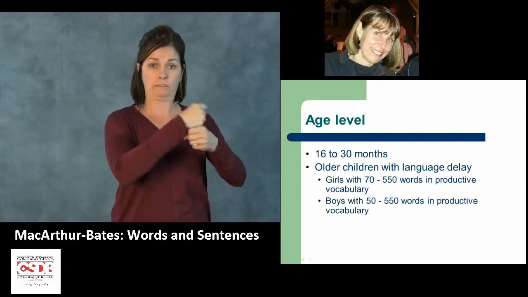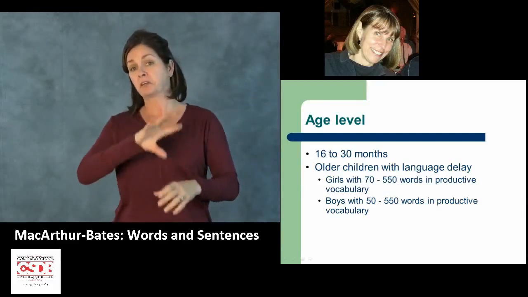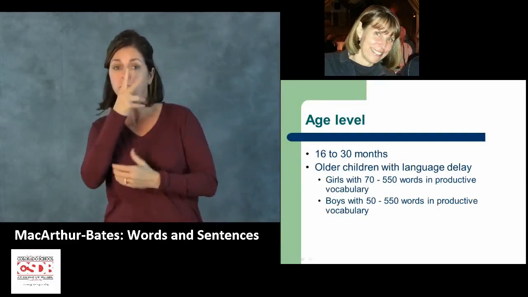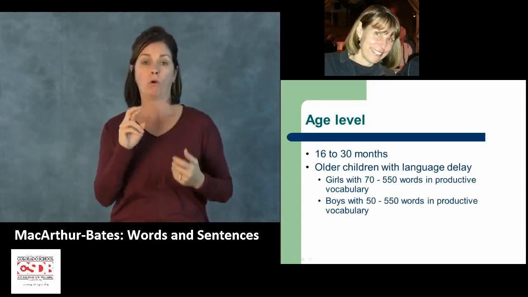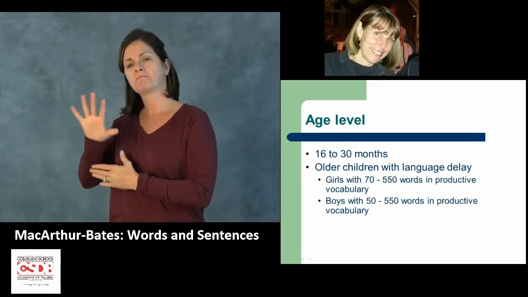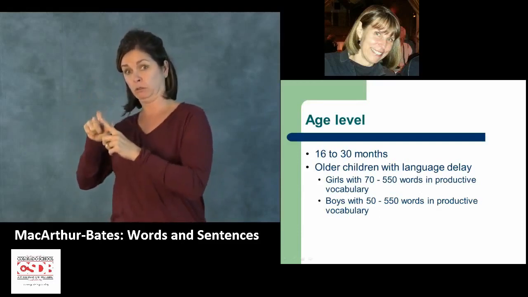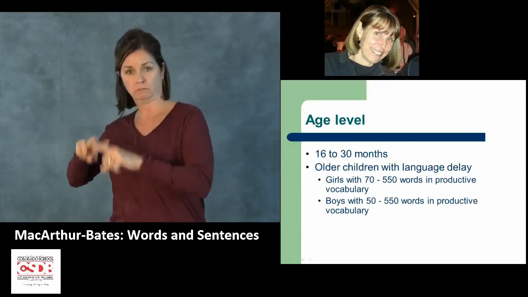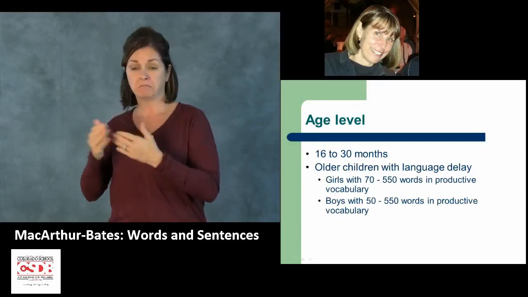These could either be signs or spoken words, or some combination of the two. Or if you're working with a boy who has somewhere between 50 and 550 words in their productive vocabulary. Again, either in sign or speech.